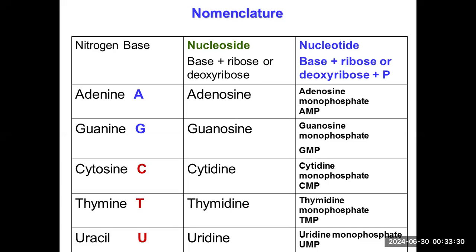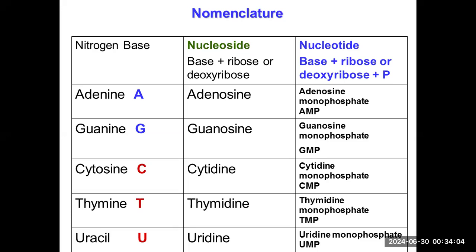Cytosine, when combined with the sugar, makes a nucleoside known as cytidine. With cytidine, if we combine one phosphate group, it becomes cytidine monophosphate or CMP. Combination with two phosphates gives CDP, and three phosphates CTP.